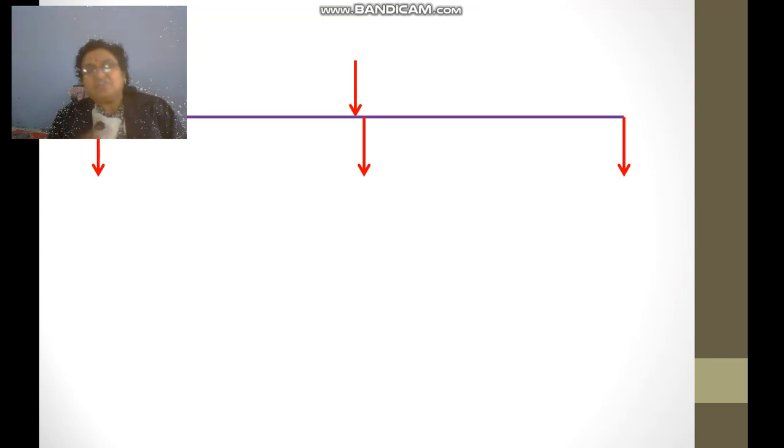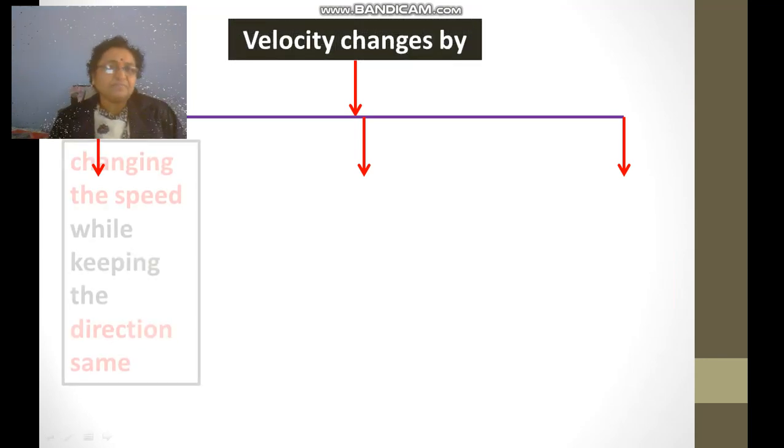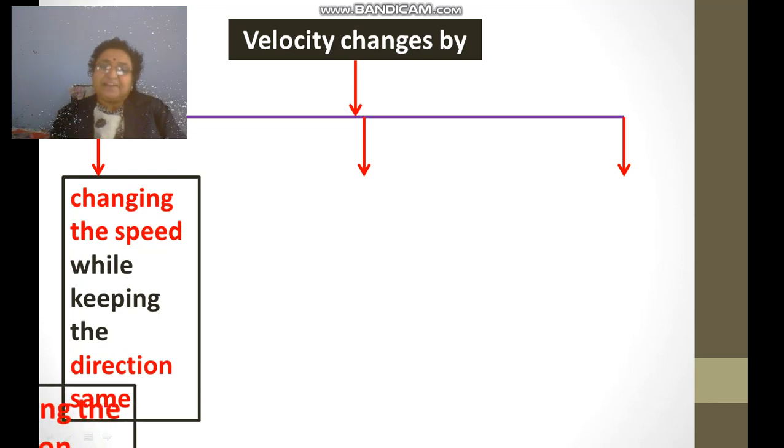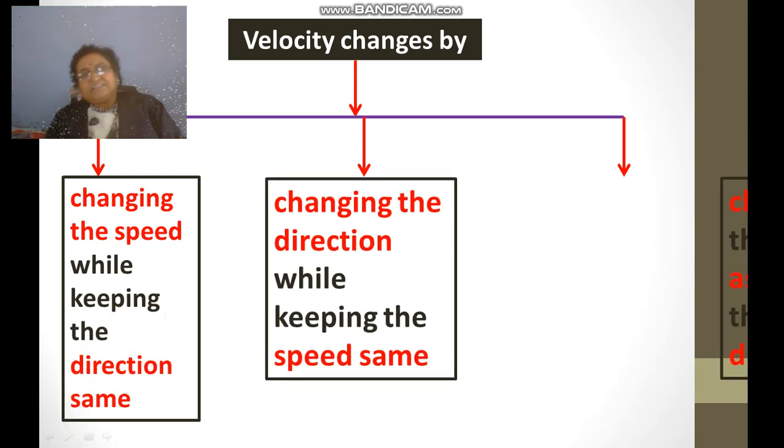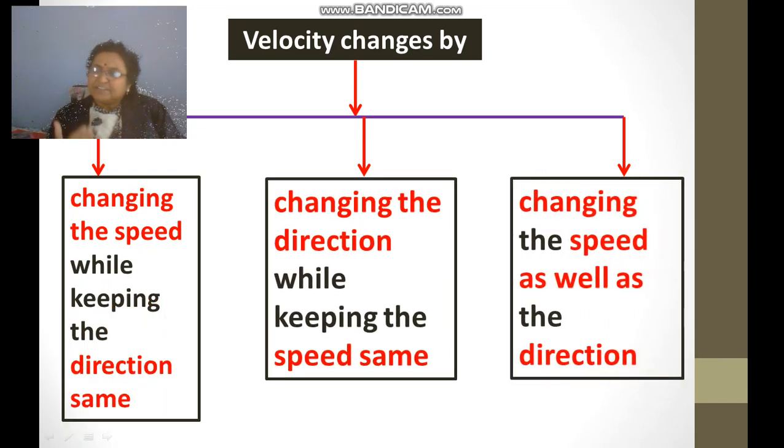See how the velocity can be changed. The first, by changing the speed and keeping the direction same. Second, changing direction, keeping speed same. And third one is both changing. Suppose we are going to school and we want to catch a friend. So we increase the pedaling. So means we are changing the speed. Obviously direction is same but velocity gets changed.